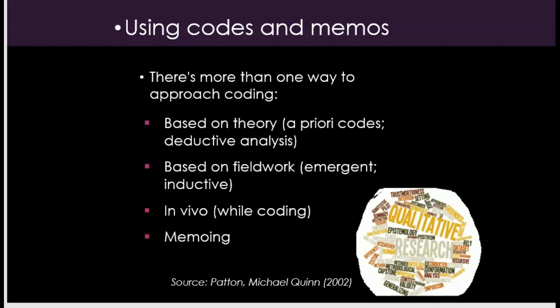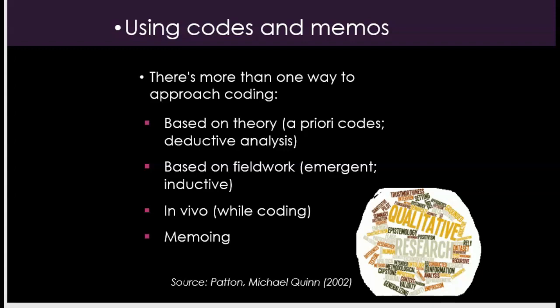So there are different ways to approach coding. Like I said, you can go from a theory, which is deductive analysis. You can base it on the field work, which is inductive analysis, basically looking at it from a standpoint of what emerges from the interview.